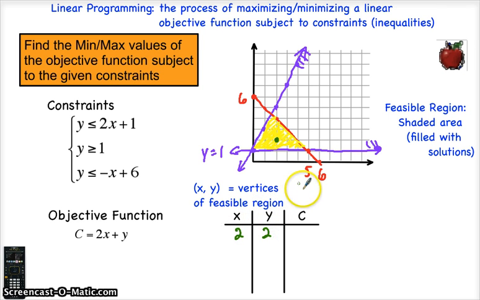But there are formulas and theorems out there that can tell you that the maximums and minimums from your feasible region, assuming it's a bounded region, will come from the vertices of that feasible region. So I also definitely want to pick my extremes, or those vertices, such as 5, 0, or sorry, 5, 1, make that.